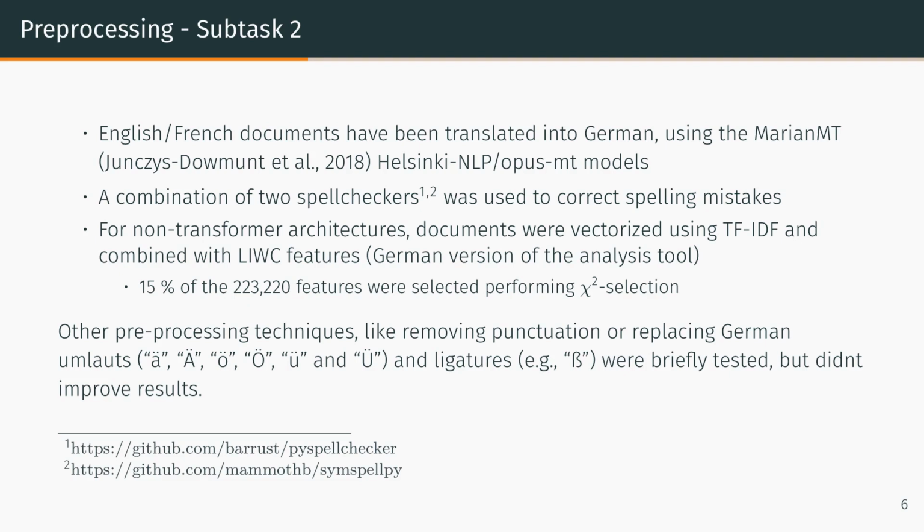The features were selected by performing the chi-squared selection. We also tried a few other preprocessing techniques, like removing punctuation or replacing German umlauts and ligatures, but this didn't improve results much.